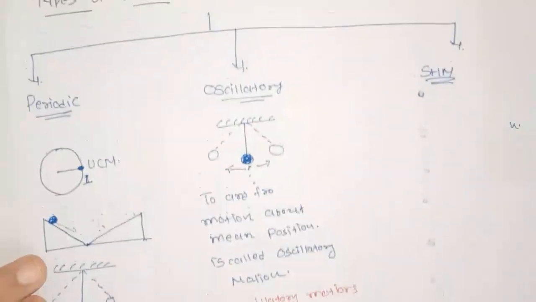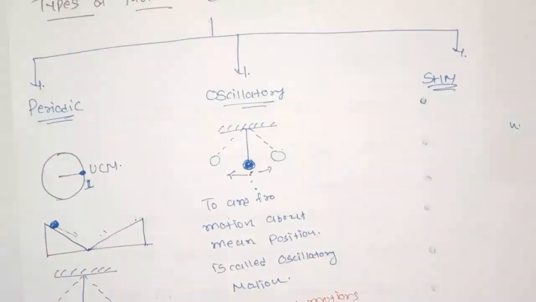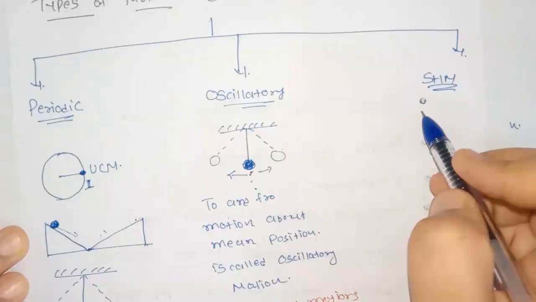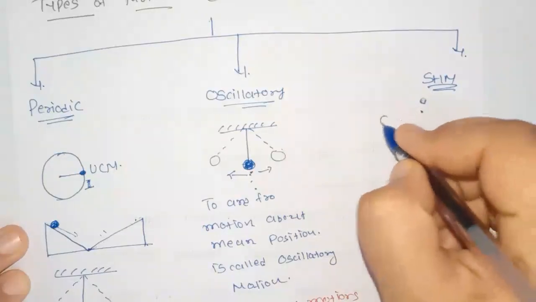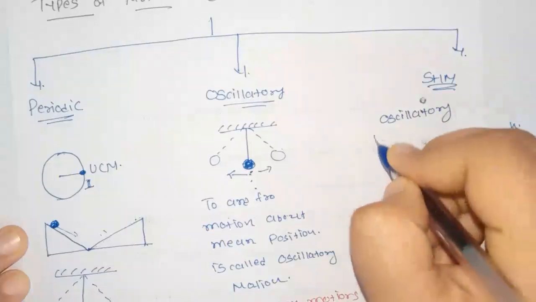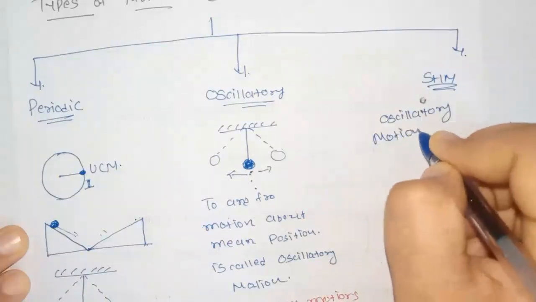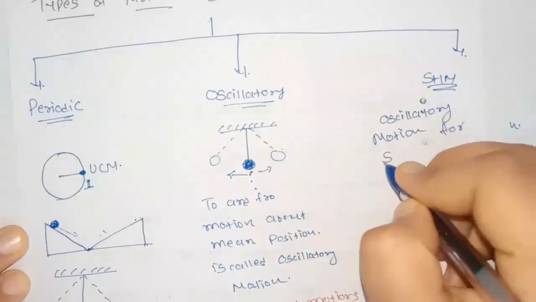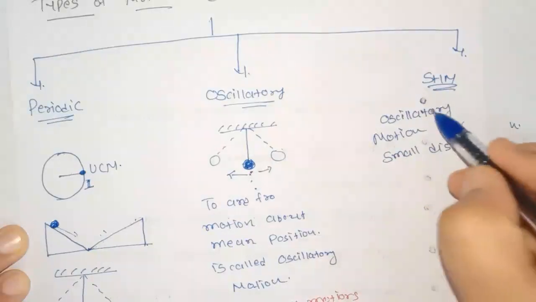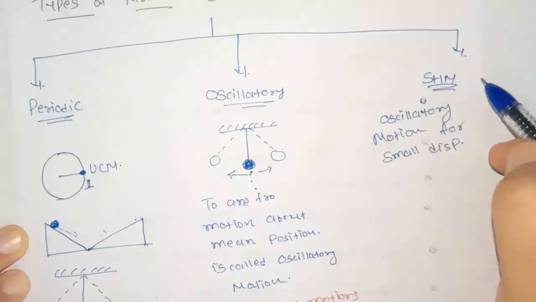Now, the third type, SHM. SHM is the oscillatory motion for small displacement. The SHM stands for simple harmonic motion. What is simple harmonic motion?